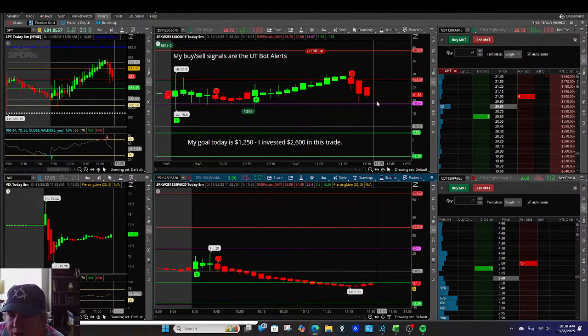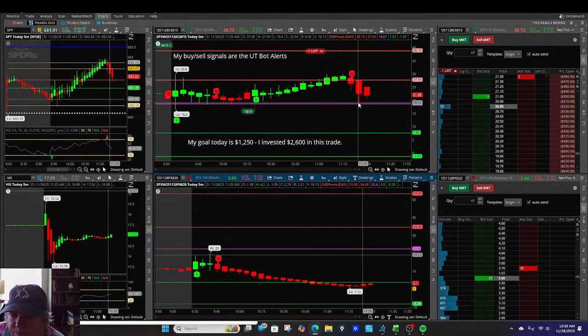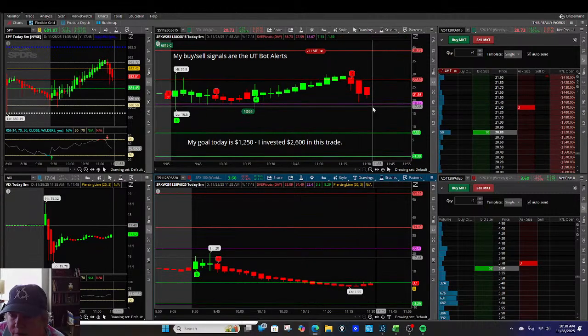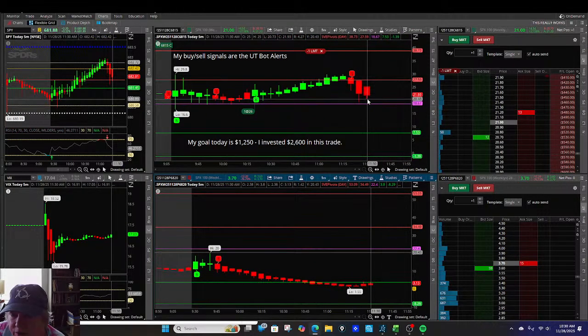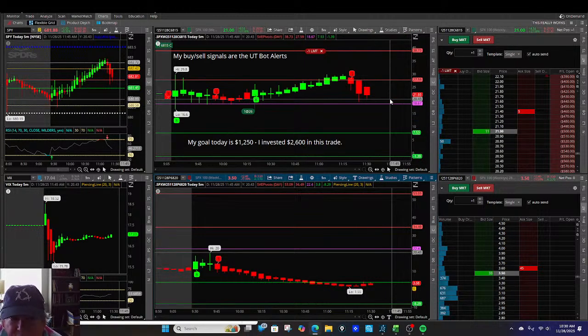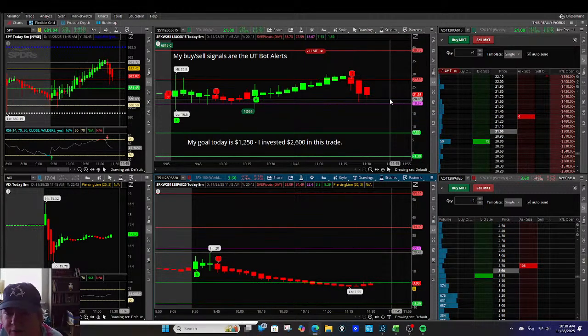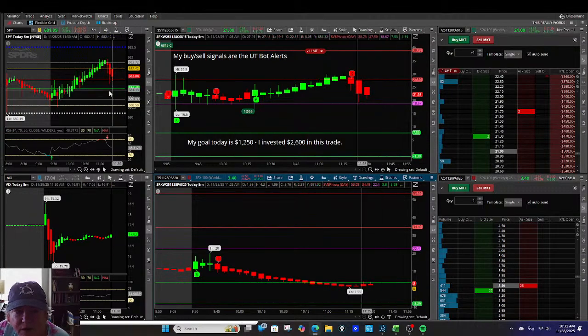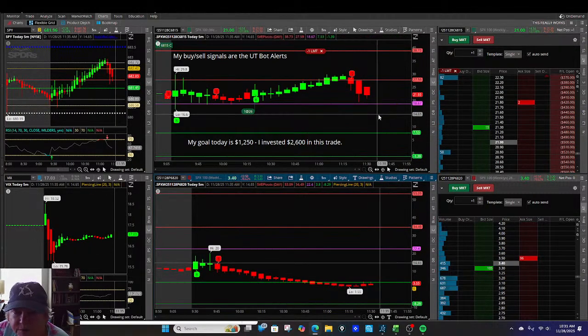I want you to make note of something here. We have a lower wick. The next red candle, the wick is higher. So I think this is finished pulling back, but it might have a little bit more. But that's a really positive thing and a bullish thing.